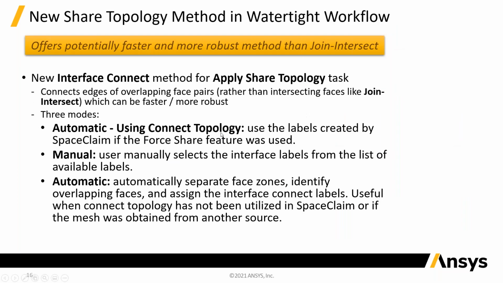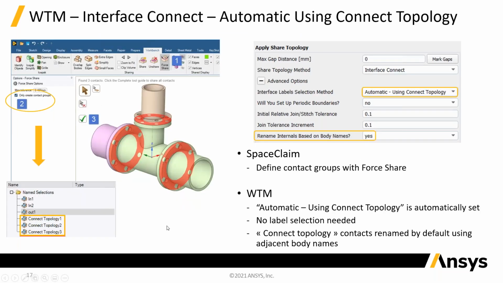Now, there's a new shared topology method going into here that will connect edges of overlapping face pairs rather than doing a join intersect like it does now. And it's faster. It allows you to address cases that maybe you can't before.